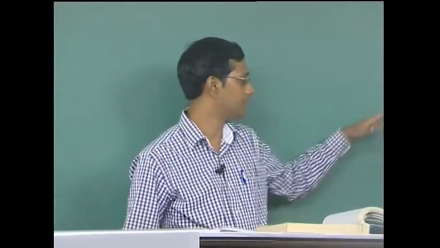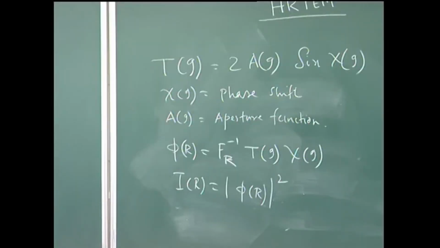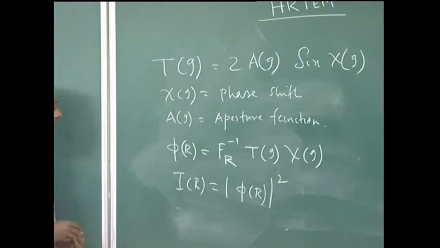So, this is a very simplified theory. We assume in this theory that the crystal is very, very thin, so there is no interaction between these diffracted beams inside the crystal. Once they come out, then they interfere to form the image. This is what is called the coherent approximation.